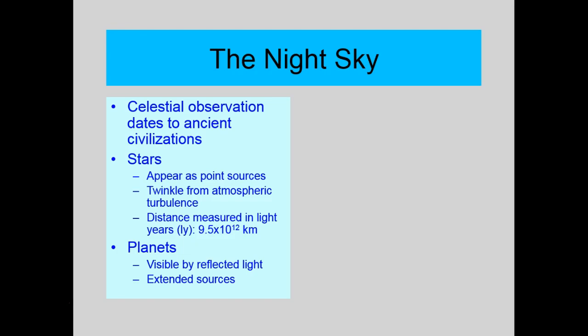9.5 times 10 to the 12th kilometers. Now, the book and most science like to use the metric system, the SI system. Unfortunately, we're not used to that. So to get this in terms of miles, I'm just going to round it to around 6 times 10 to the 12th miles.